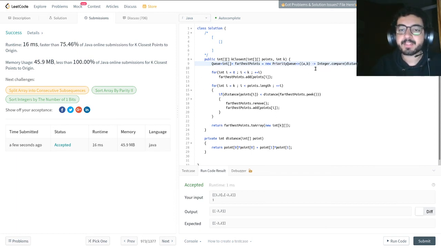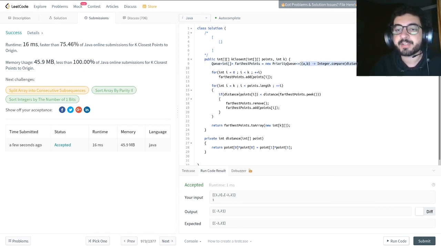To explain this part, well, a priority queue in Java, if the object is not an array, whenever you use an array as an object in a priority queue in Java, you have to give it its own comparator.